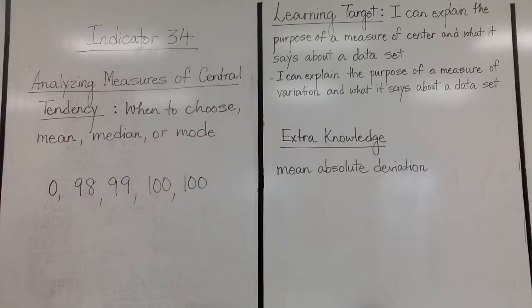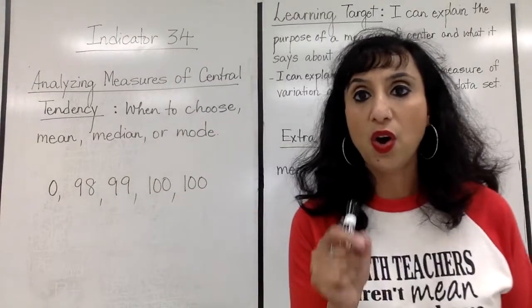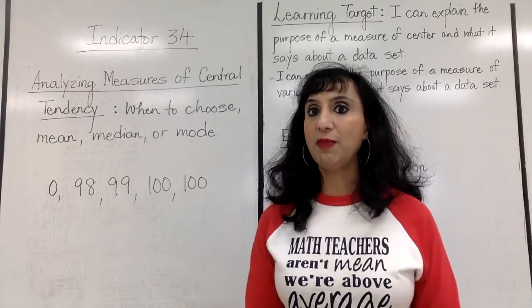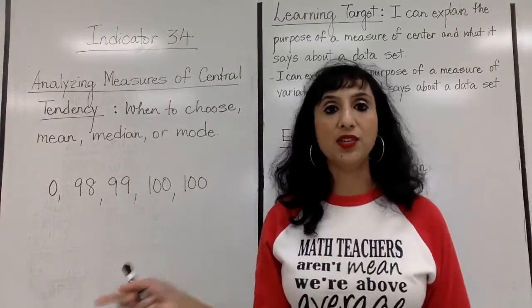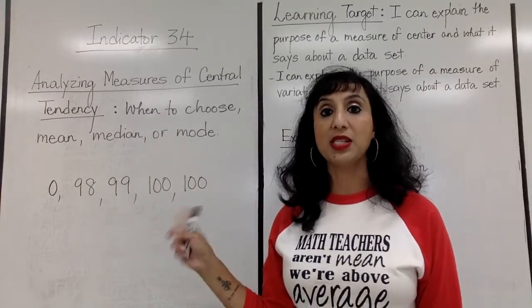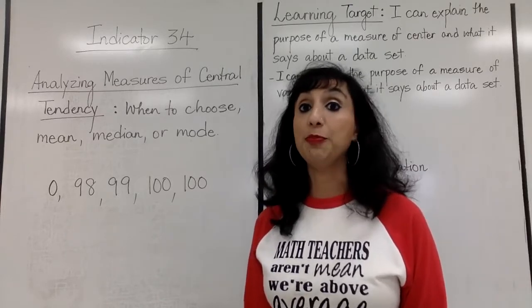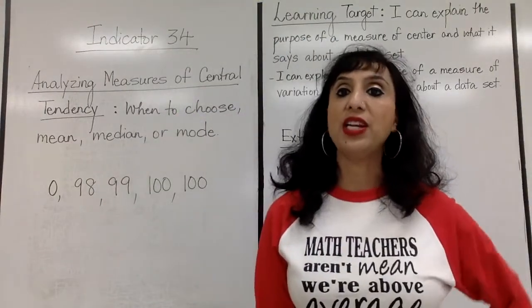Think about what that outlier did to your grade. That grade was calculated by finding the mean, where you add up all the numbers here, 0 plus 98 plus 99 plus 100 plus 100, and then divide by 5. And it had really pulled down your grade because the outlier was at the lower end of the data set.